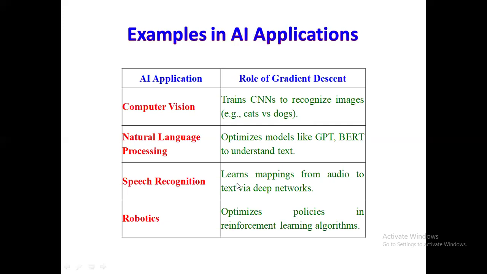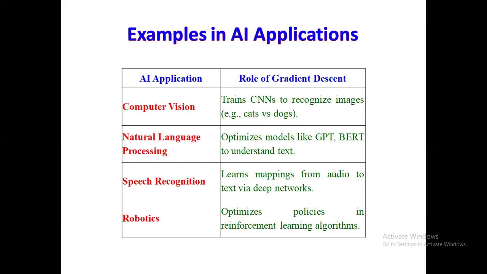In speech recognition, gradient descent helps learn the mapping from raw audio signal to textual transcripts. In robotics and reinforcement learning, gradient based optimization is used to improve decision policies over time.